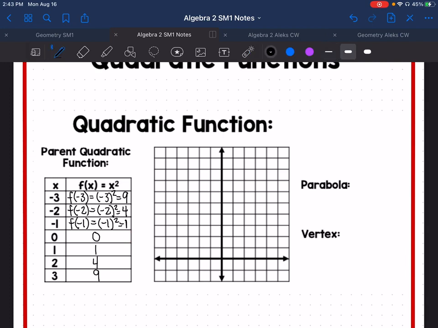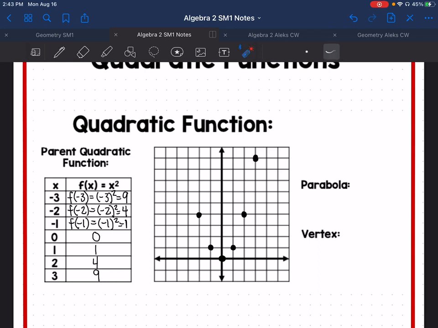Let's go ahead and place these points on our graph. 2, 1, 2, 3, 4, 4, and 3, 1, 2, 3, 4, 5, 6, 7, 8, 9.